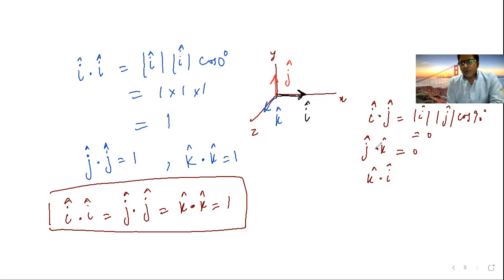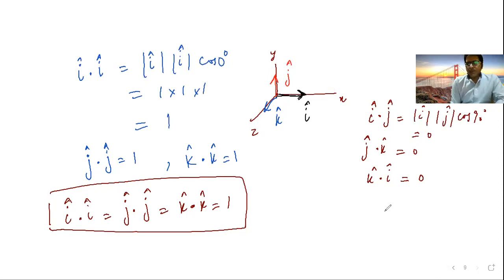Similarly, j dot k will be 0, because j is along positive y, k is along positive z, angle is 90. k dot I will also be 0, because k is along positive z, I is along positive x.